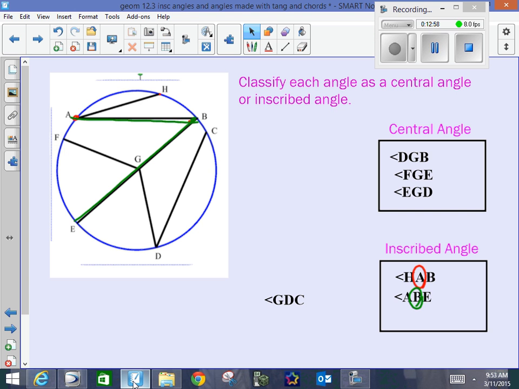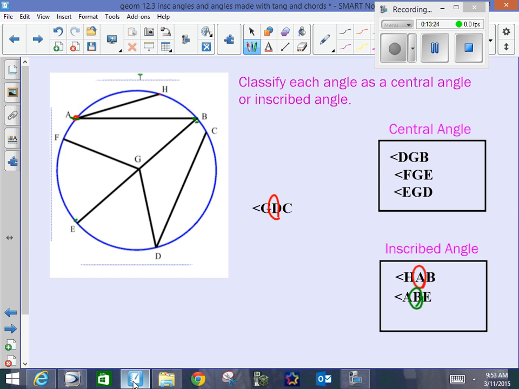All right, GDC. I'm going to erase this. Okay, I'm tricking you on GDC. You think it's inscribed. Look at GDC. Would you call that an inscribed angle? I wouldn't call it a central angle either. What's the vertex of GDC?